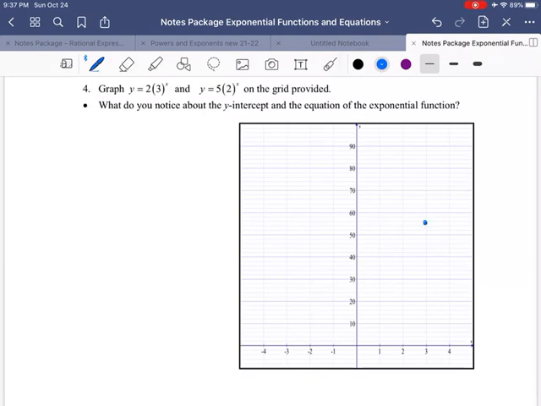And then it's going to be 2 and like 20-ish, and 1 and 5. And it's going to go through 2. It's doing something like this. It's pretty poor graphing, but there you go. So that is y is equal to 2 times 3^x.